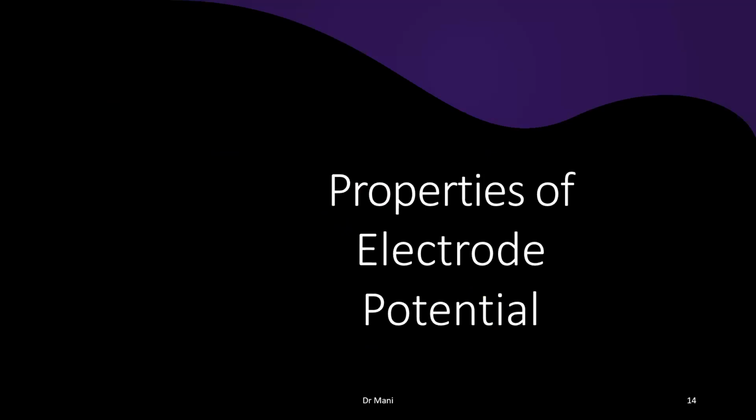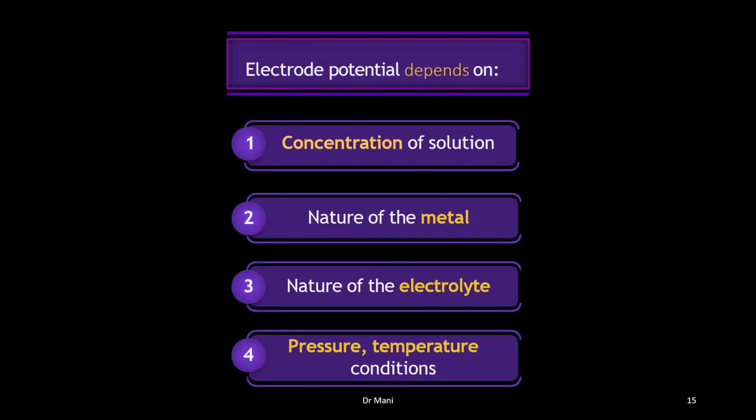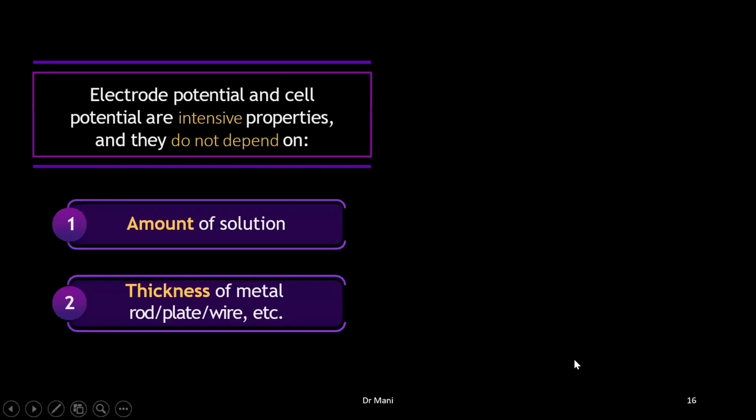So, properties of electrode potential. Electrode potential depends on concentration of solution, nature of metal, nature of electrolyte we are using, and it also depends on pressure and temperature conditions. Electrode potential and cell potential are intensive properties, and they do not depend on amount of solution or thickness of metal.